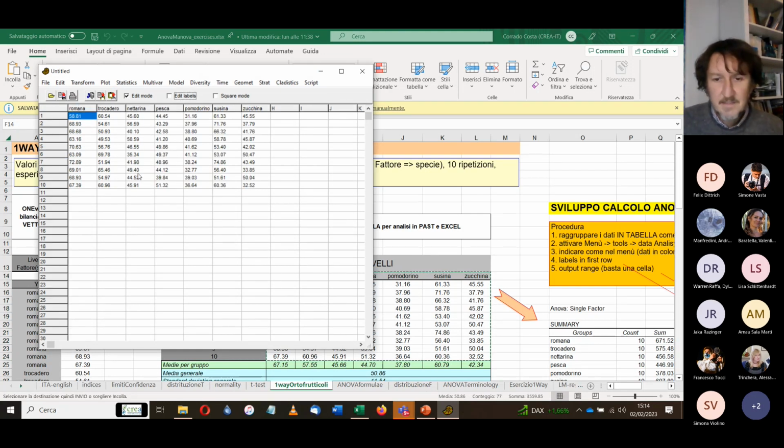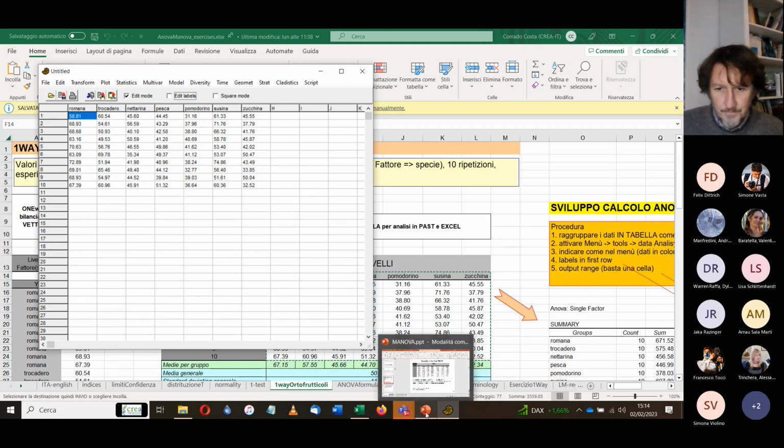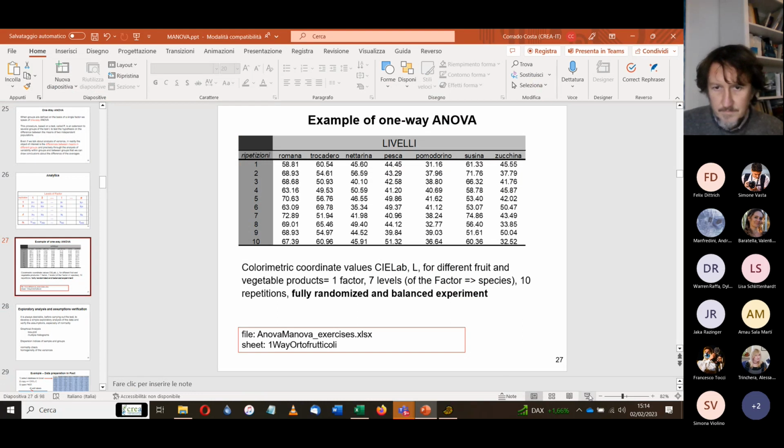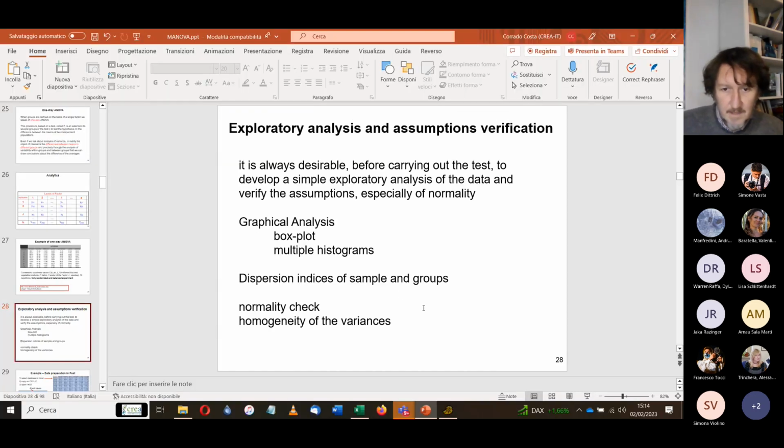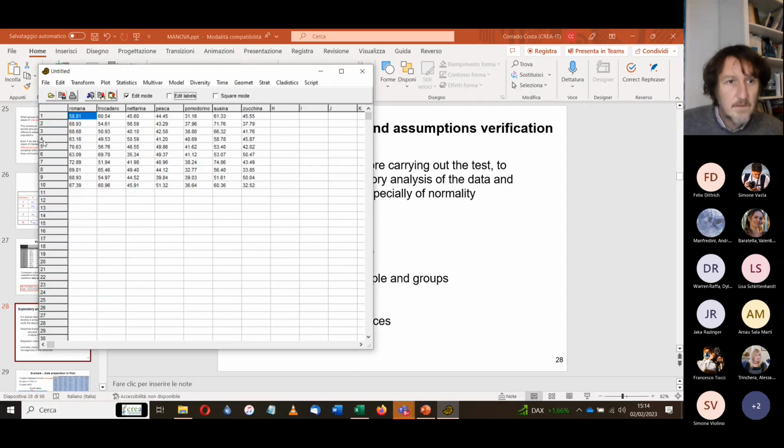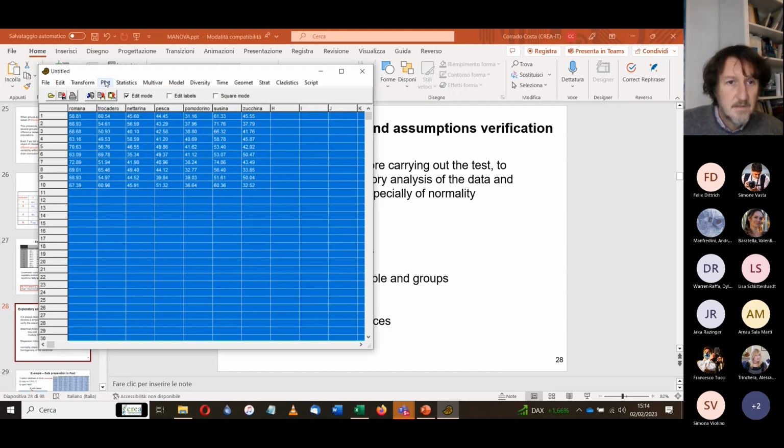This is the data set that we will analyze. First of all, in my opinion, it is important to observe this data set. One way of observing this data set is, I suggest, a graphical way of doing this. So we select all of this and plot.